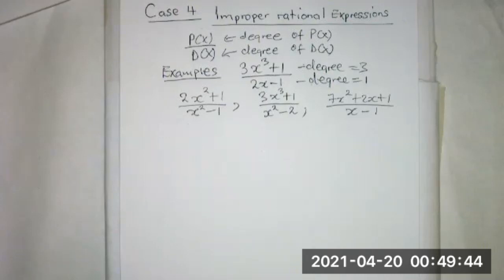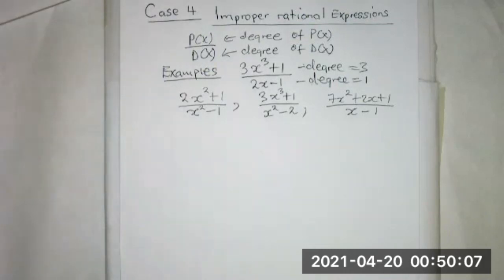One of the conditions was that the degree of the denominator was supposed to be greater than the degree of the numerator, or the degree of the numerator was supposed to be strictly less than the degree of the denominator. That is what made us use any of those three cases.